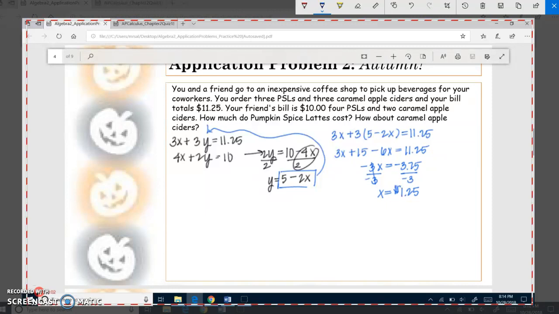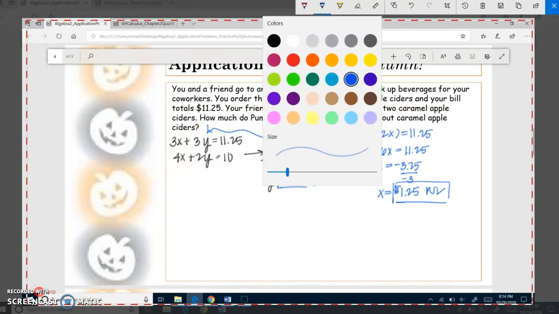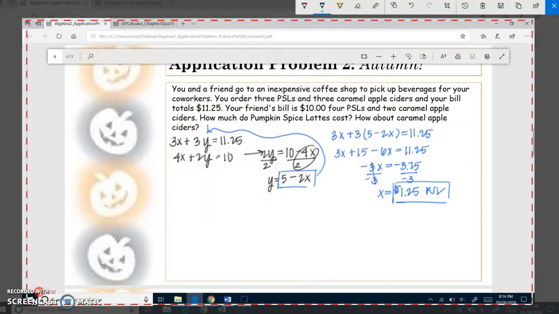Now in this case, we defined x as the price for the pumpkin spice latte, so we can just specify that here. Then what we want to do next is to take that value and use it to solve for y. Now here, because we used substitution, we already have a nice equation to plug back into and solve for y.